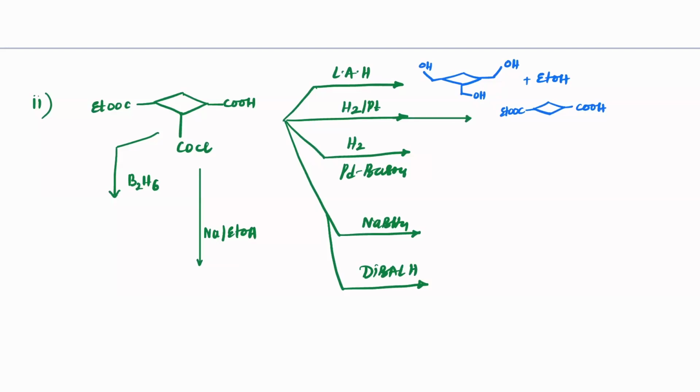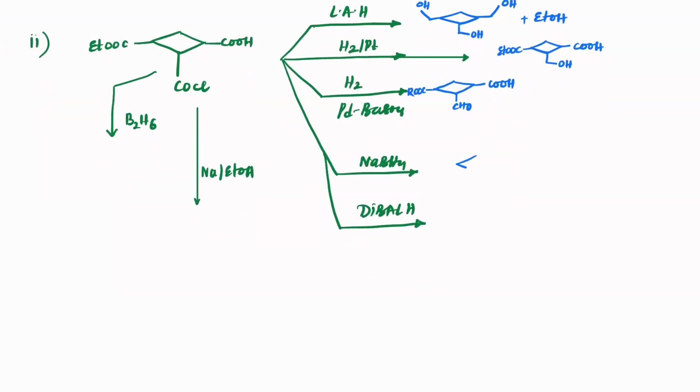So what do we get here? This acid chloride definitely gets reduced. H2 by palladium barium sulfate, you know, would be even more selective. It can only reduce acid chlorides into the aldehyde form. The rest will remain the same.